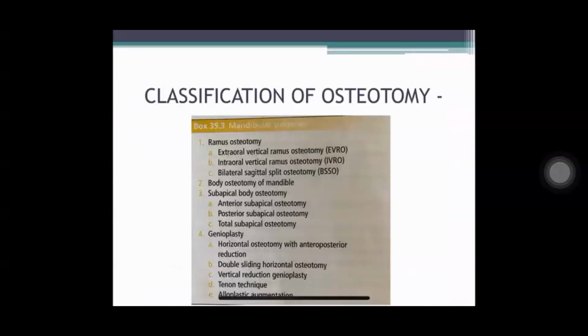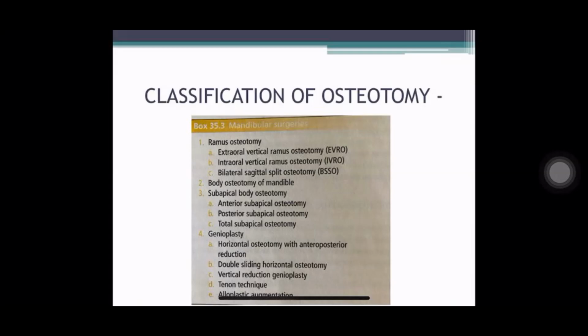In the bilateral sagittal split osteotomy, the classification of mandibular surgeries is divided into four types: ramus osteotomy, body osteotomy, subapical, and genioplasty. In ramus, there are two broad headings: vertical ramus osteotomy and bilateral sagittal split. In vertical, there are two: extraoral and intraoral.